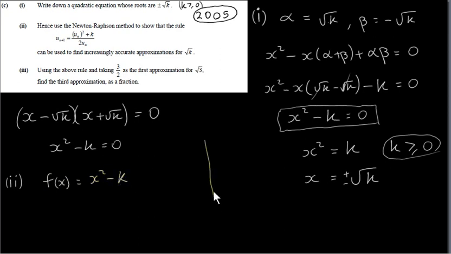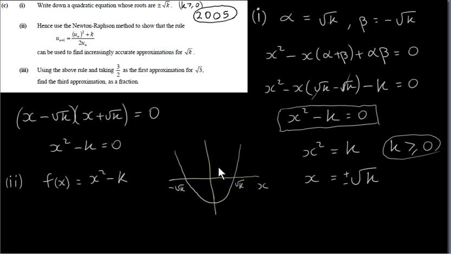So basically, we have a quadratic function, and it's a parabola. Quadratic functions have the shape of a parabola. It's an upright parabola because the x squared term is positive. And it will cross the x-axis at two values. And the values are minus root k and plus root k.